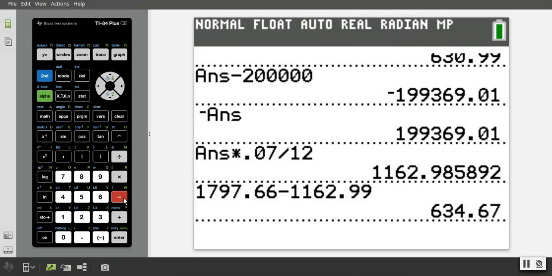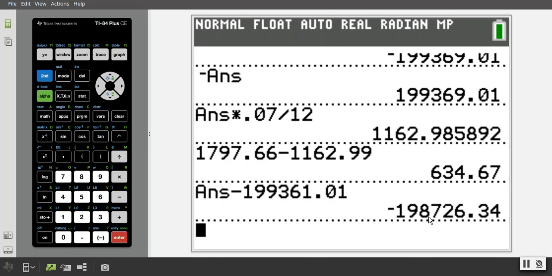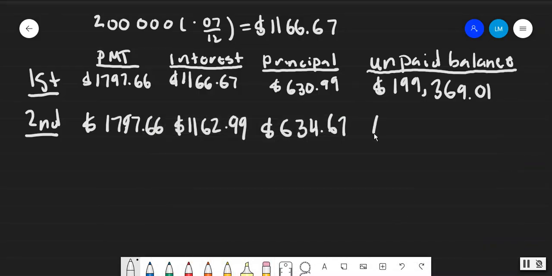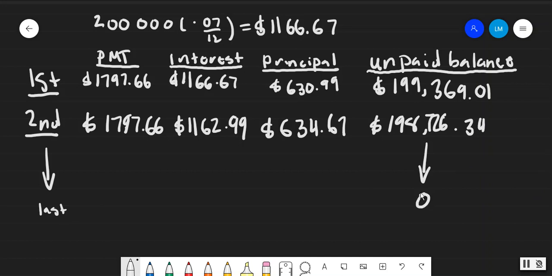So you have minus 199,369.01, and then this is the new balance: 198,734.34. So the family does have quite a way to go, because basically they just need to repeat this process until they reach the last payment, and then hopefully that'll just go to zero.